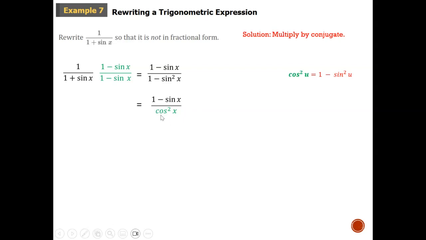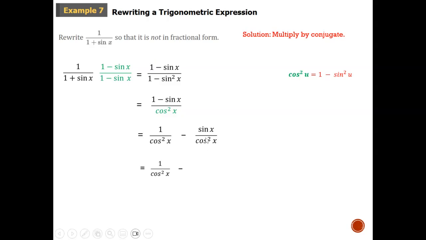Now here, guys, I can separate these. This is legal to separate them. It's going to be 1 over cosine squared x minus 1 over sine x. We're going to be using that, it's going to equal secant. But let me continue, guys.